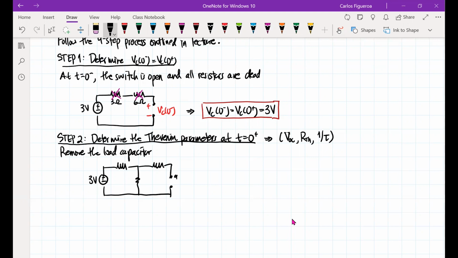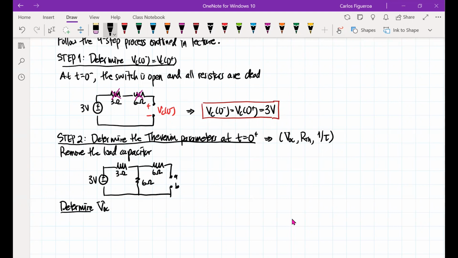So this is my A, B, and this is 3 ohm, 6 ohm, 6 ohm. So now you see that I've got to go in and do that. So here we go. My first step is that I need to determine VOC.